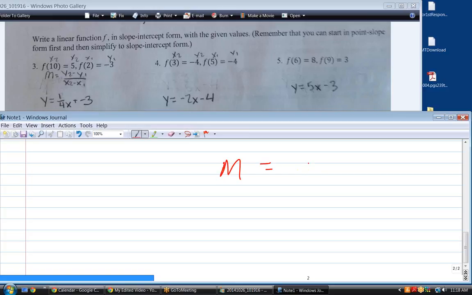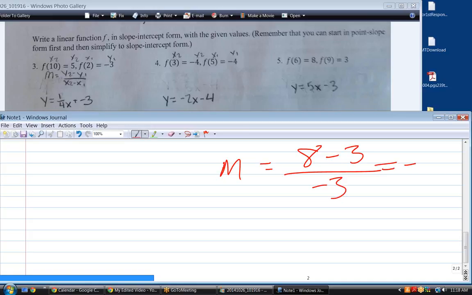Let's see. 5. Okay, are we going to go that way? Yeah, we could do that. Okay, that means we got to go the same way on the x's. You can't reverse it just to make it positive. You're going to end up with the wrong sign on the slope if you do that. So what's going to be in the denominator? -3.